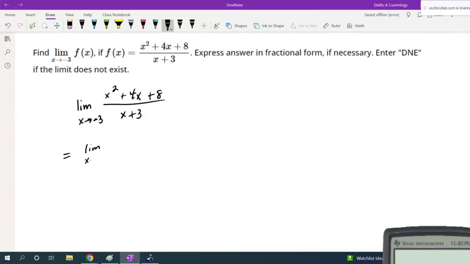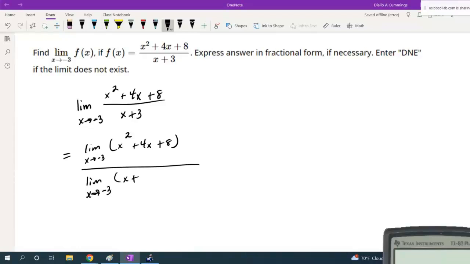This is the limit as x approaches -3 for x squared plus 4x plus 8, divided by the limit as x approaches -3 for x plus 3. Right, that's the quotient rule.